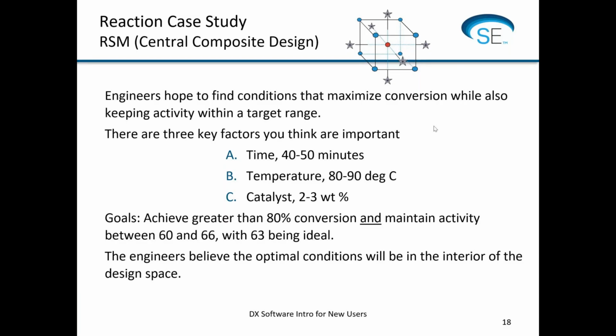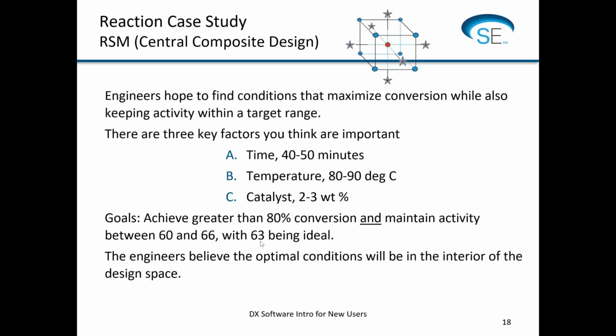So we're going to do one of those. Here, we want to find conditions that maximize the conversion of a reaction, and also keep another property called activity within its target range. So think of activity as maybe a functionality on the molecule that's desirable. We have three factors: time, temperature, and catalyst. And we want to achieve 80% conversion at minimum, and an activity between 60 and 66.